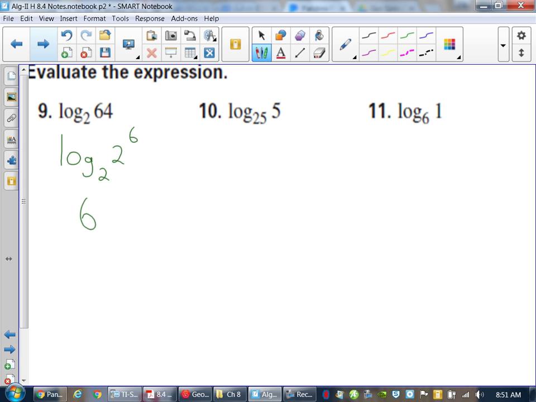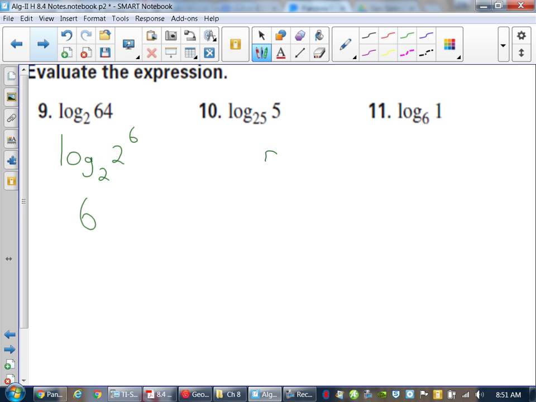If I want to sit there and think about log base 25 of 5, that means I have to rewrite a 5 into that base of 25. Well, 5 is 25 to what power? What is it, negative? If it's negative, then it turns into a fraction, doesn't it? Yeah, I see where you're going.